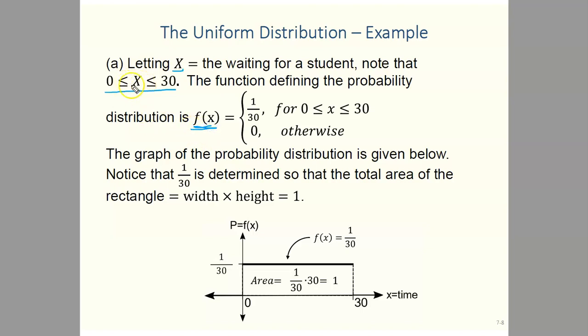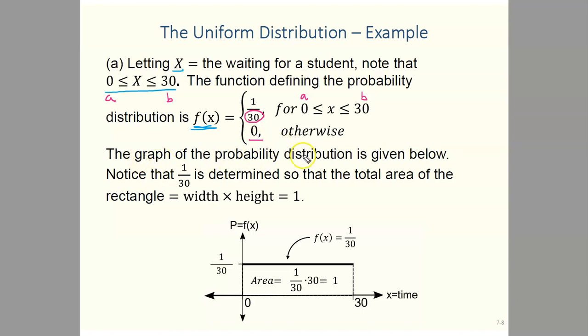You see, in this problem right here, the a is 0, so that's our a, and the b is 30. So our probability distribution is going to be 1 over b minus a. Right here is b minus a. And that's going to be for x between a and b, and it's going to be 0 otherwise.